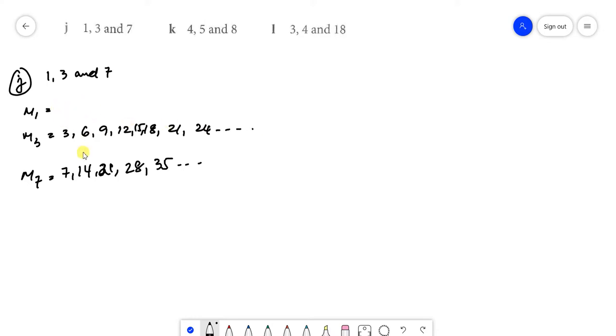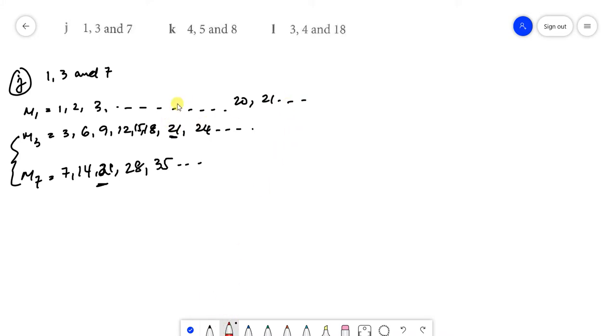Just take a look at these two tables of 3 and 7. You can see 21 appears in both these tables. So since 21 is here for both 3 and 7, it's very easy to understand that even for 1, we have to continue till we get 1 times 21 is equal to 21.